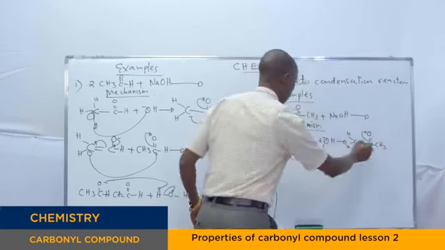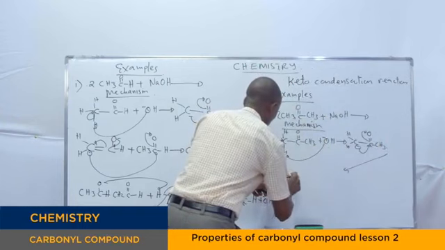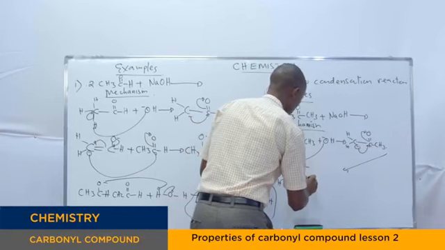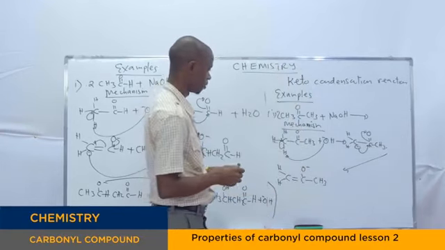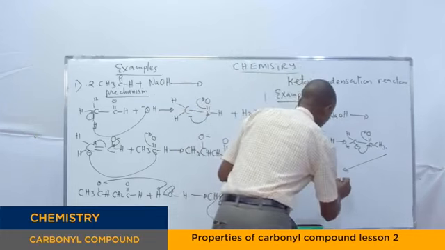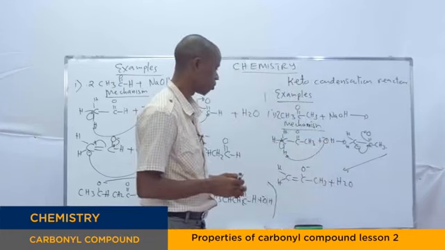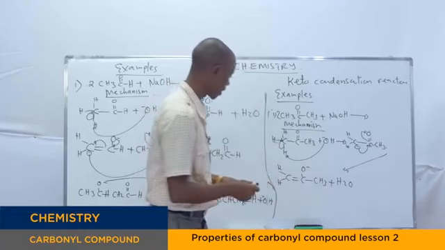Now, what will happen? I'm writing the product downward here. That is an ion which is formed. And also the product, water, because hydroxide ion and the proton will form water. So from there, my dear student, you can proceed with the mechanism.